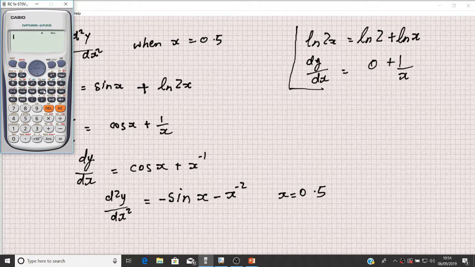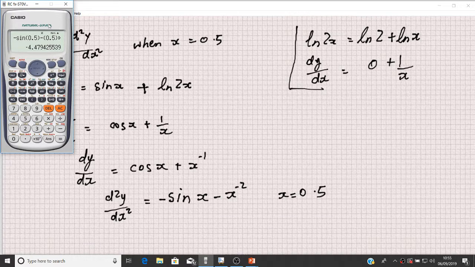So we're going to say negative sine 0.5 minus 0.5 raised to the power of minus 2.